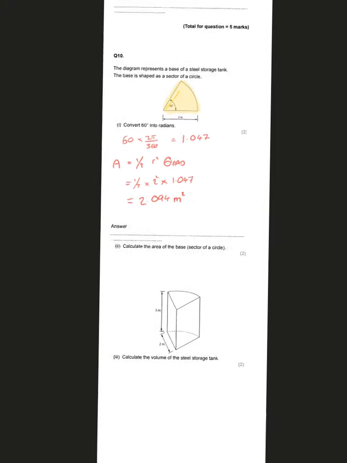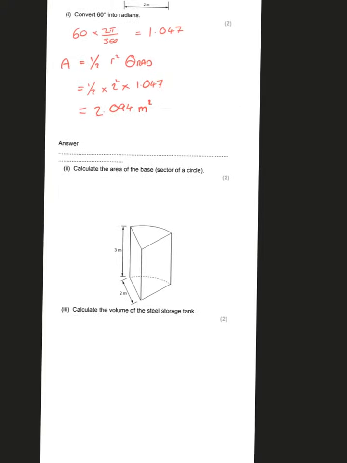Okay. Now we're asked to find the volume. So this is similar to that triangle question above. We know the area of this shape. The volume, we just need to multiply it by its length or its height. So because we know the area of that yellow shaded bit, when we multiply it by the height, we get the full volume.